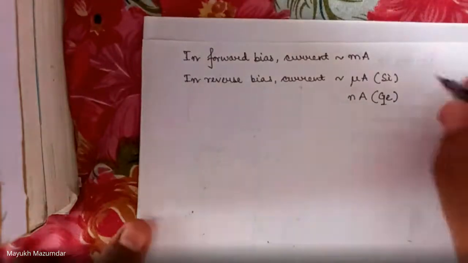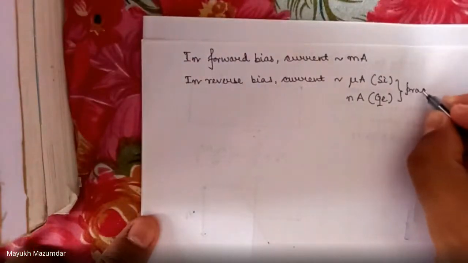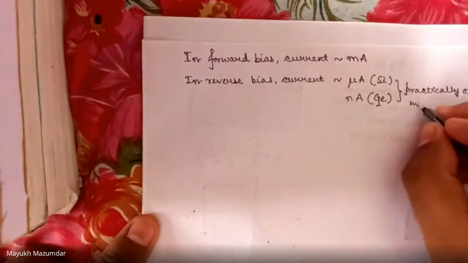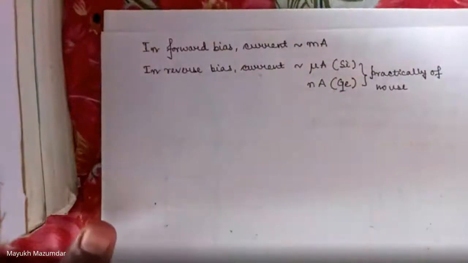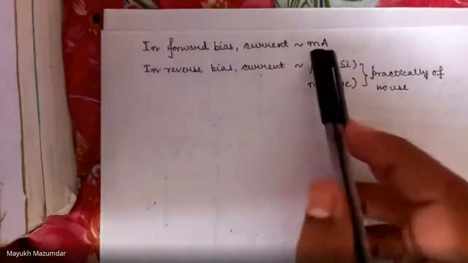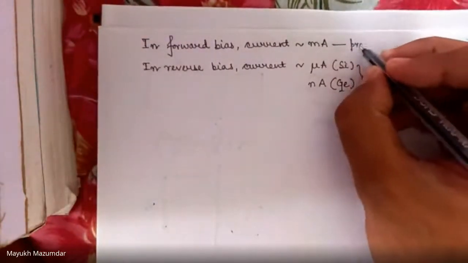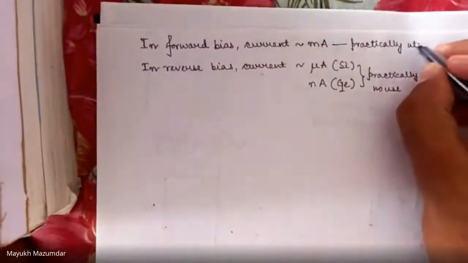These currents are practically of no use. I mean, no one would be happy to use them. At least we human beings won't be happy to apply these currents for our own task. But milliampere is beneficial, it is practically utilizable.